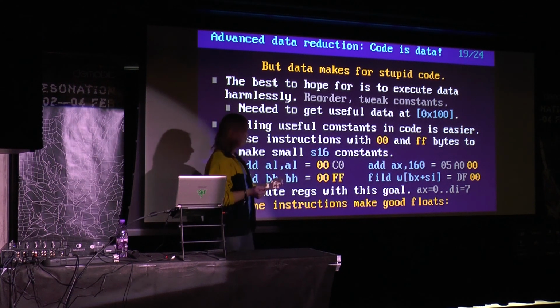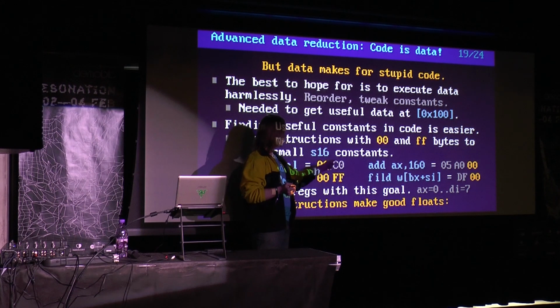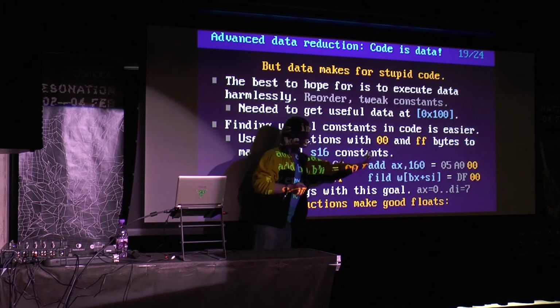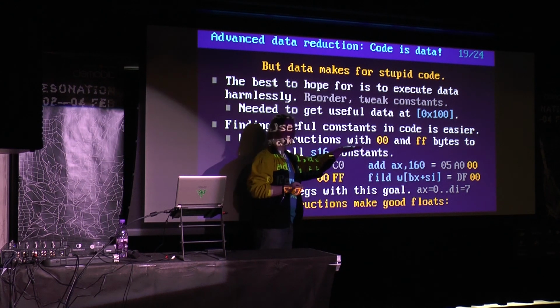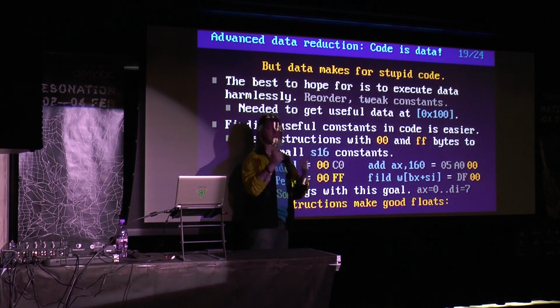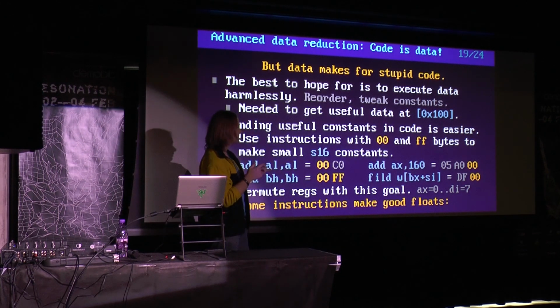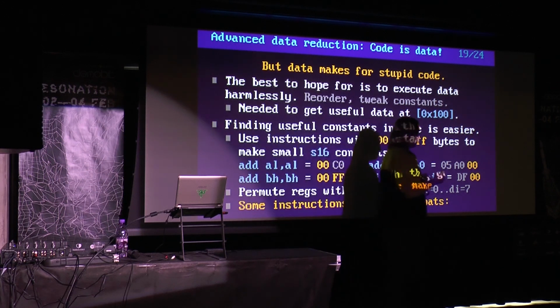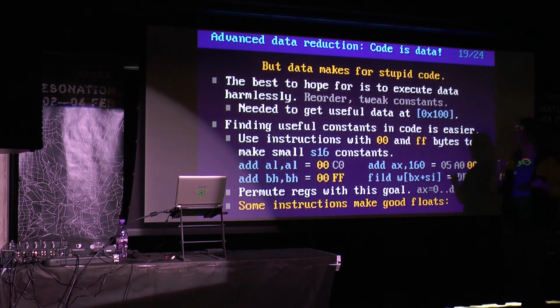So when you read from here, this is the most significant byte, and this is the least significant byte. So when you read this thing, it's 192, and when you read this thing, it's 255, which are both really nice constants. And of course, you can also use a constant with the second part, 0.